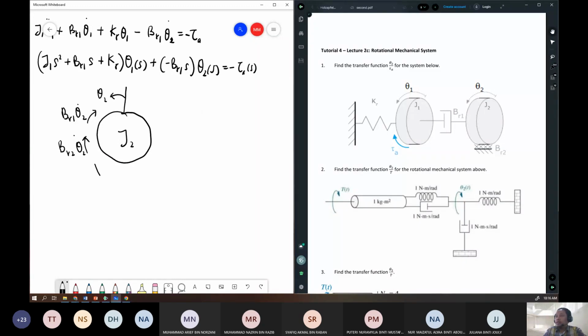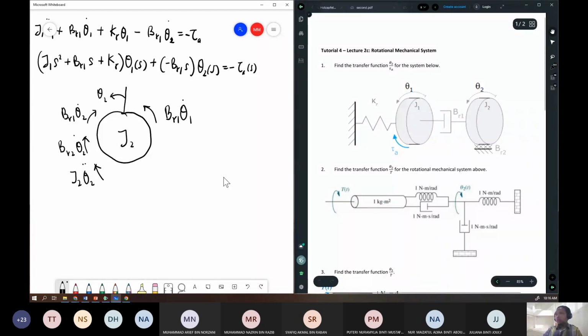And then we also have the inertia J2 theta 2 double dot. And then BR1 is also connected with J1, so we have the contribution from J1: BR1 theta 1 dot, counterclockwise.